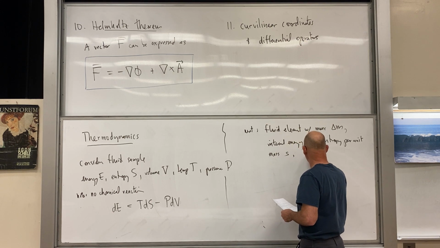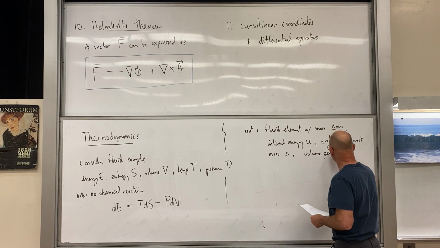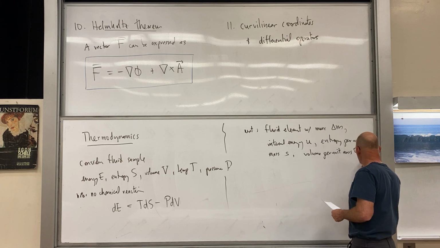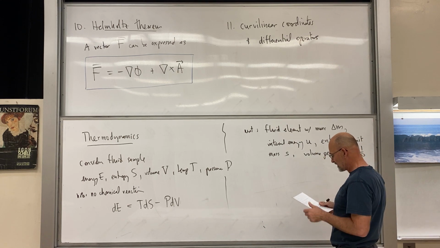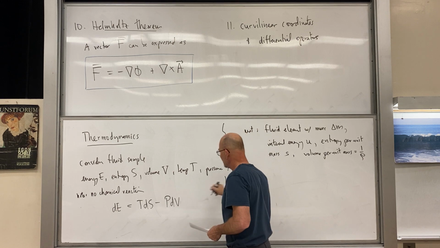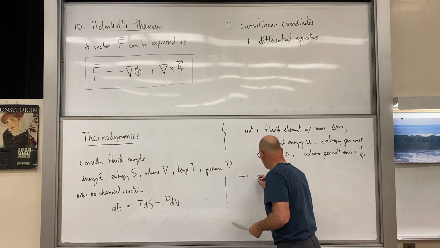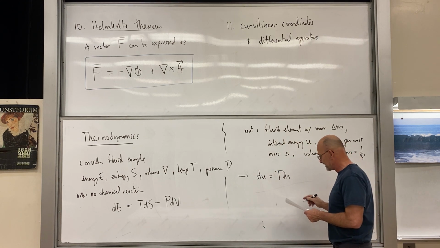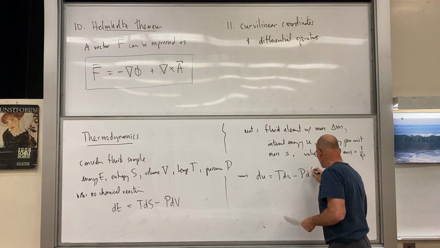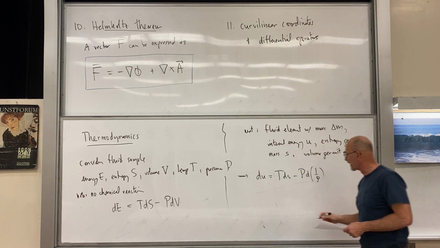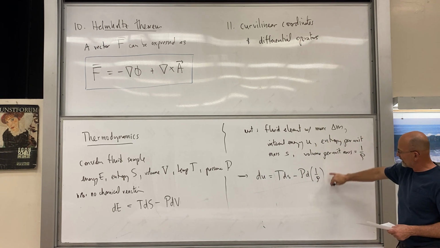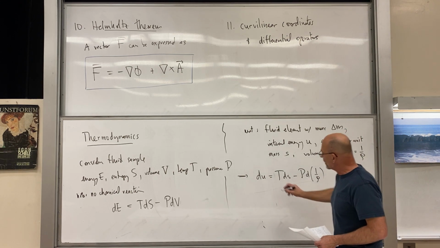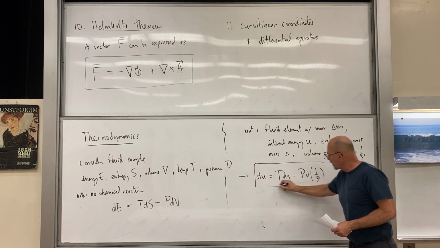And then volume per unit mass is going to be equal to 1 over the density. So in that case, this here will transform into du equals T d lowercase s minus P d(1 over rho). Okay. That's the inverse there, right? P d(1 over rho). So good. These are the quantities we're working with.